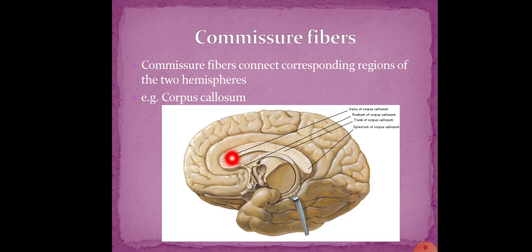This one is the corpus callosum, and it has the following parts: rostrum, genu, body, and splenium. Other examples are the anterior commissure and posterior commissure. This is the anterior commissure.